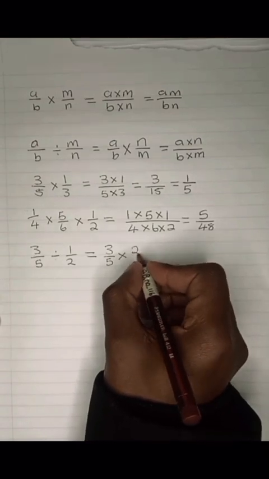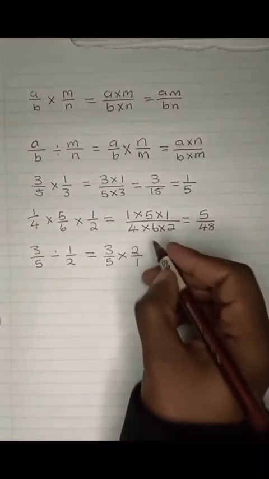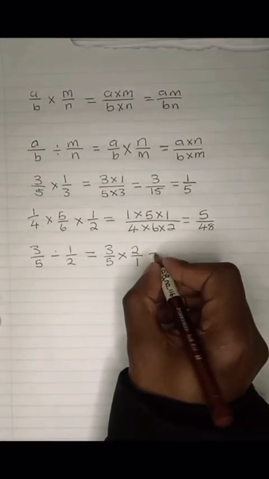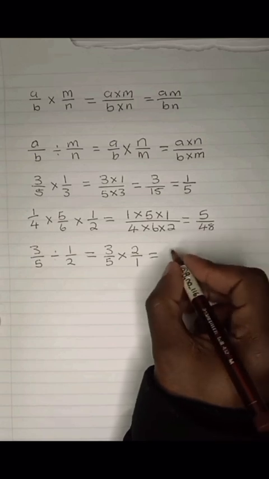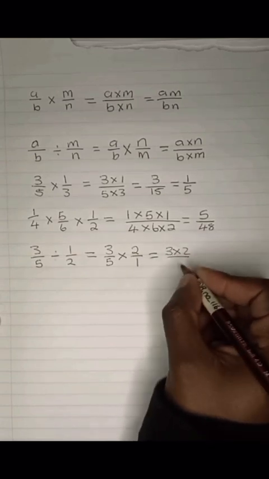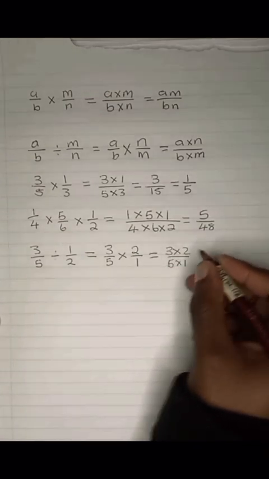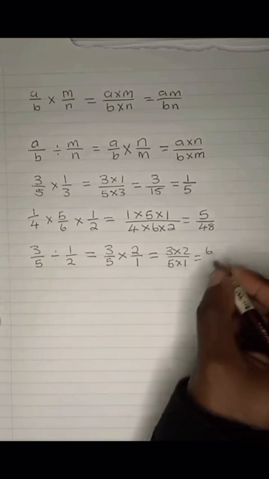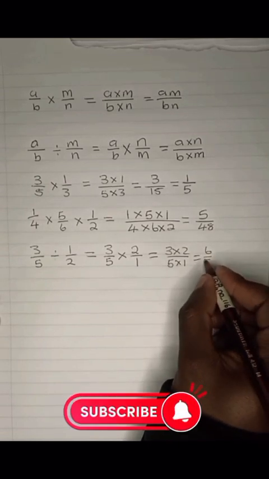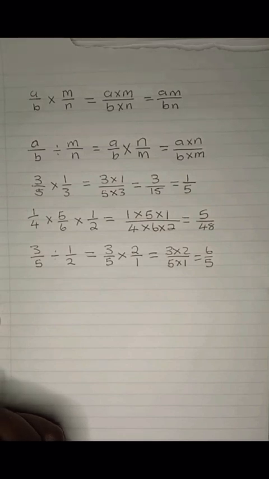Remember, we had 1 over 2. Here it's going to be 2 over 1, and then multiply as normal. So it's going to be 3 multiplied by 2 all over 5 multiplied by 1. 3 multiplied by 2 is 6, and then 5 multiplied by 1 is 5. So that would be your final answer.